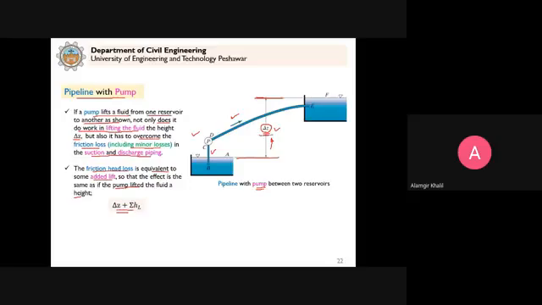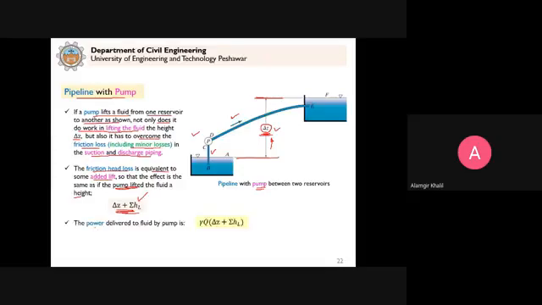Otherwise, this delta Z will not be achieved. I already explained this in my previous lectures. So the effect is that the pump lifts the fluid by the height delta Z plus the summation of HL, and this HL is the sum of the major and minor losses.